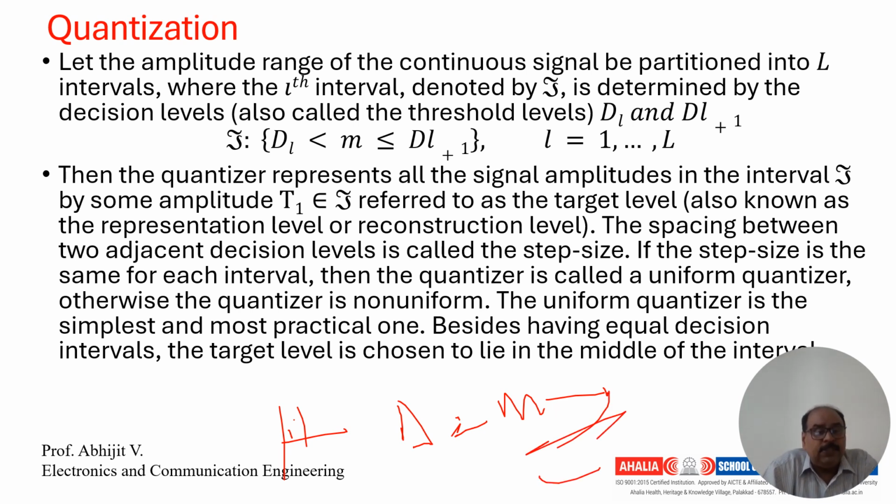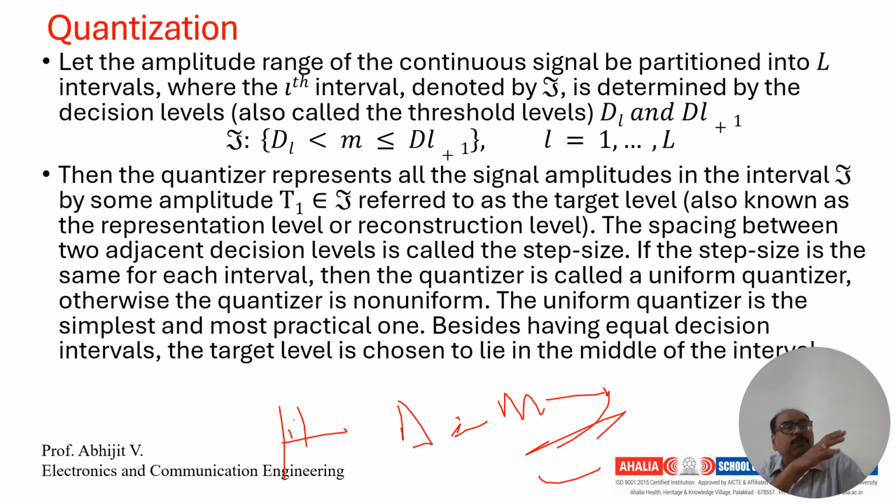If the step size is the same for each interval, then the quantizer is called a uniform quantizer. We have two types of quantization: one is non-uniform quantization and the other is uniform quantization. If it is divided into equal intervals, it is called a uniform quantizer.